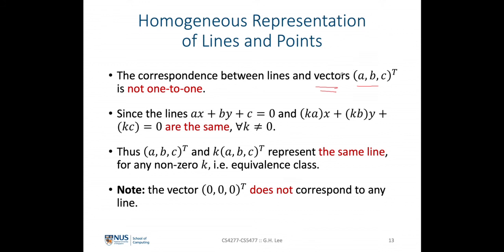This is because lines are represented by the polynomial equation ax plus by plus c equals 0, and in the homogeneous representation of the line, when this equation is multiplied by a scalar value k, it is going to be the same line.